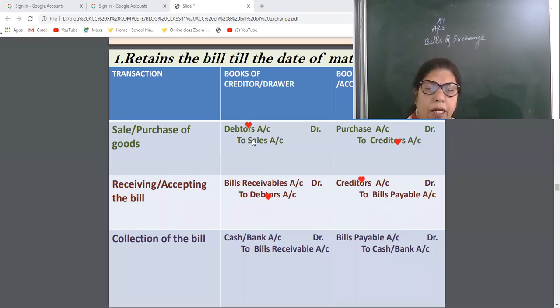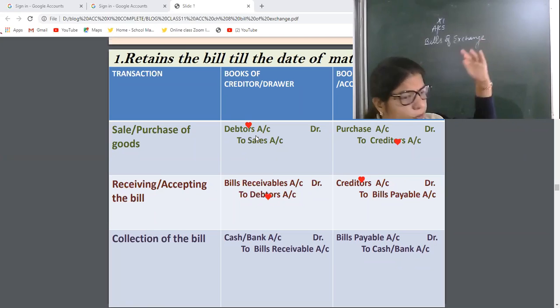For him, that is bills receivable because he is selling the goods. He is giving the goods, that's why he will take the payment in future. And why bills payable for the drawee? Because he purchased the goods and is giving bills payable in return.